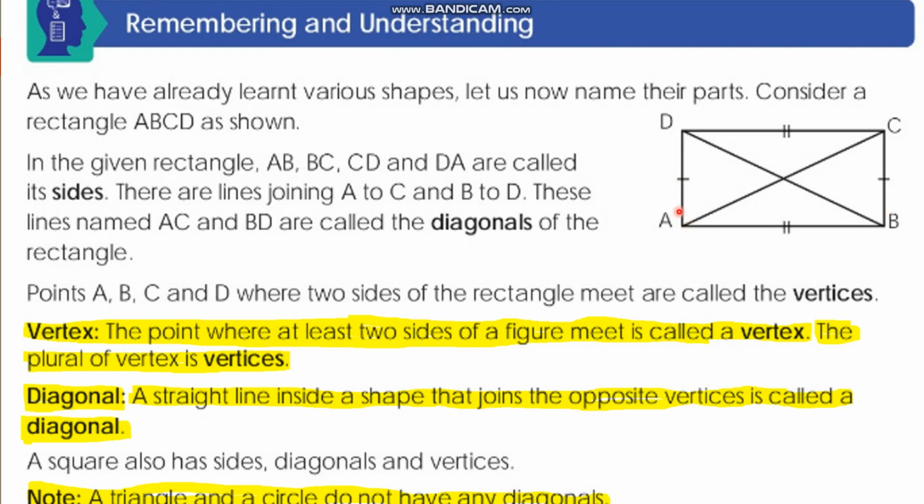So A is a corner, and here this line and this side are joining at the point B. So B is a vertex, and the side BC and side DC meet at the point C. So C is a vertex, and the lines CD and AD join at the point D, isn't it? So D is also a vertex.